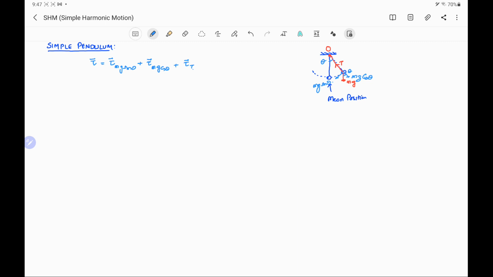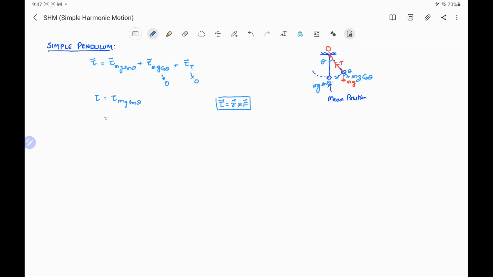Here mg cos theta and the tension are along the line which passes through the point O, about which we are finding the torque. So the torque due to these components of the forces is 0, therefore the net torque will be due to mg sin theta. And we know the definition of torque: torque equals r cross F, the cross product of the radius vector and the force.